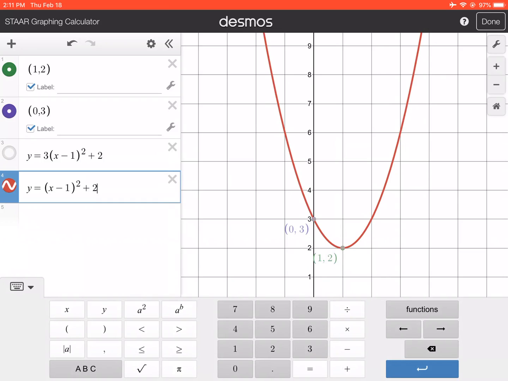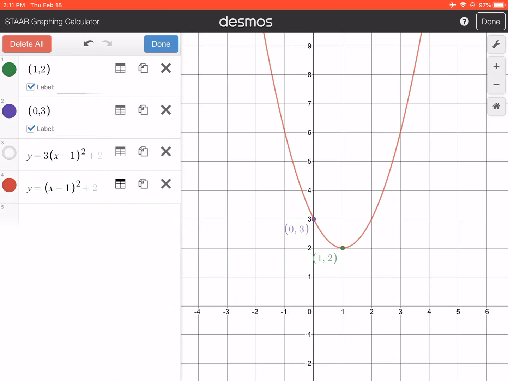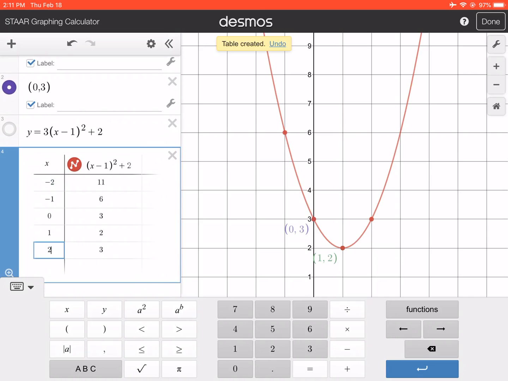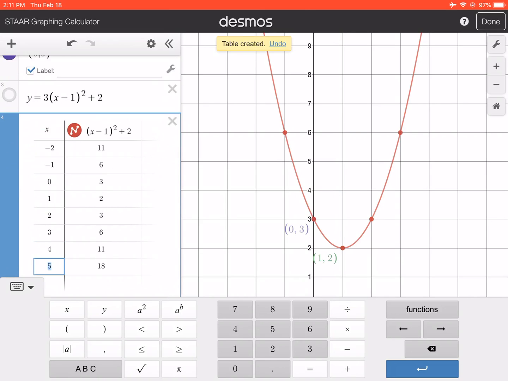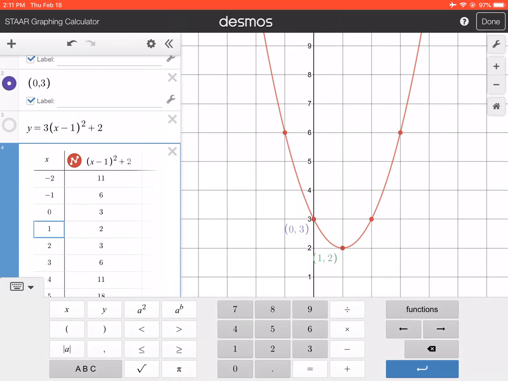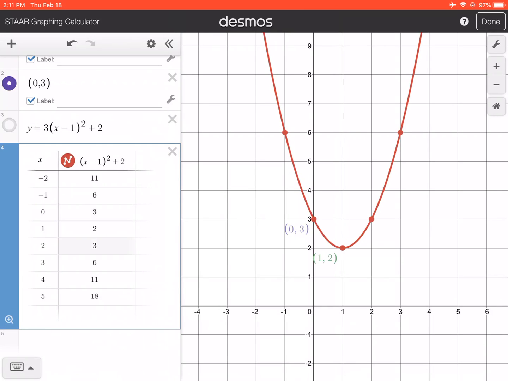You can also check your table. So this is a good time to go back through and show you how you can see the vertex from your table. How do I know that the one that I just clicked on right here is my vertex? Because I start seeing the symmetry around it. The 3 and the 3, the 6 and the 6, the 11 and the 11 in that y column.